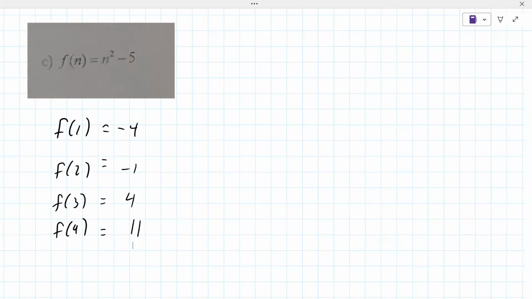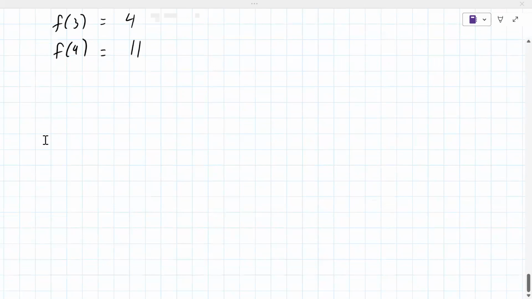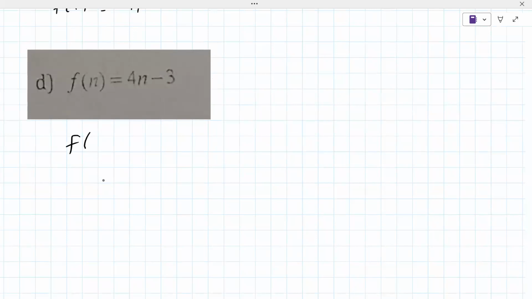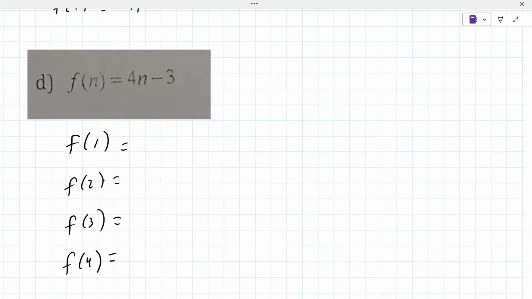So D is really similar if you want to try that. Okay, so I got 1, 5, 9, and 13. Very good. Now E is a little bit different.